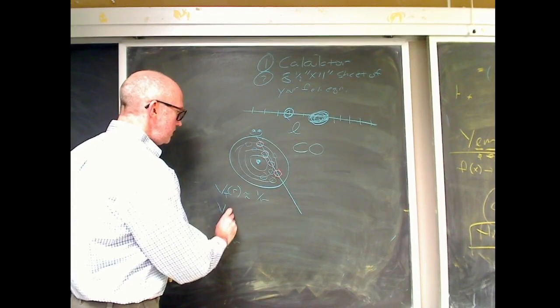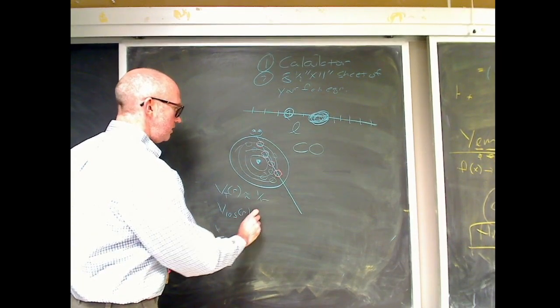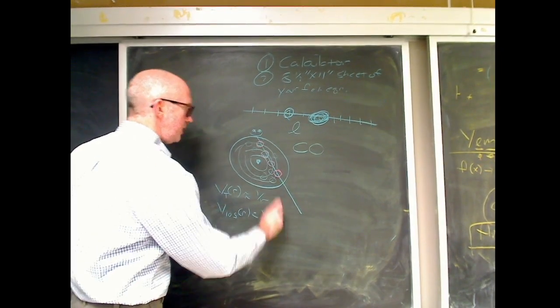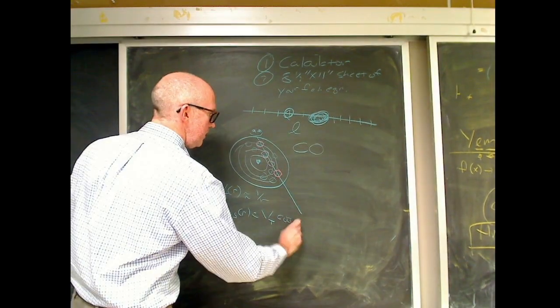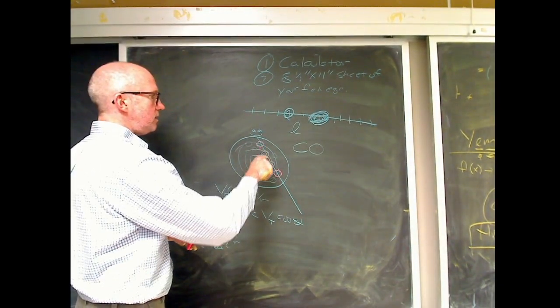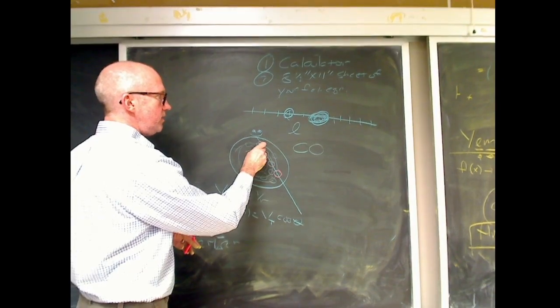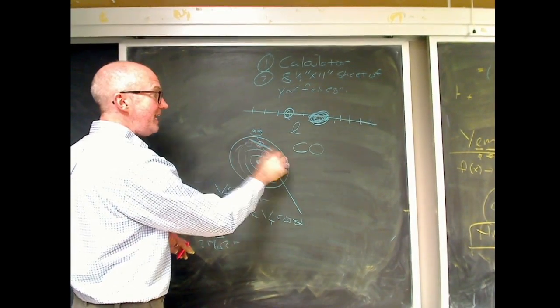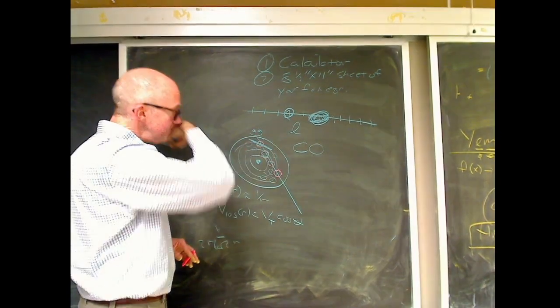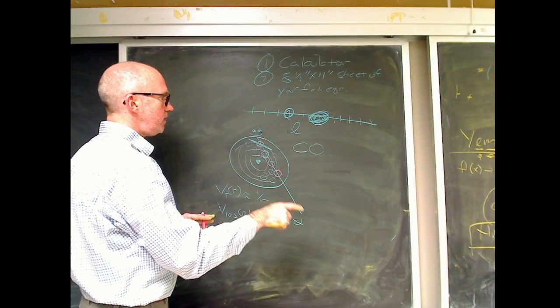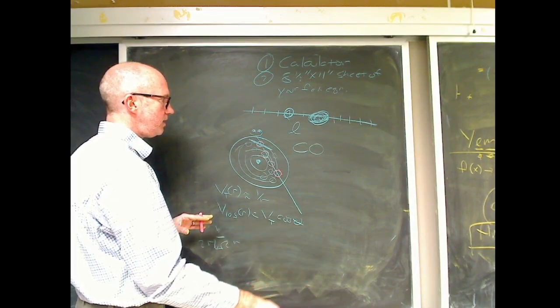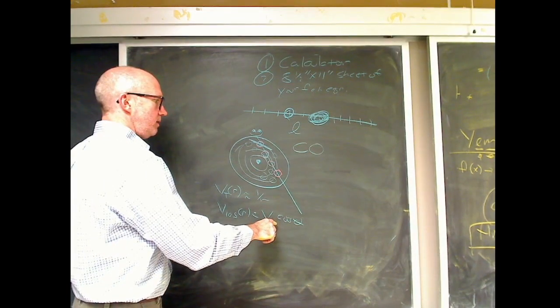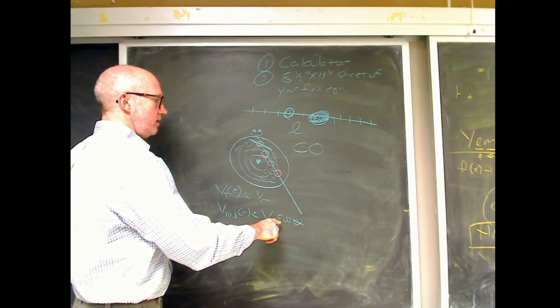And there's the v line of sight of r, which is v_t times the cosine of the angle between the tangent and me. It's cosine, right? When that goes to 0, that goes to 1.